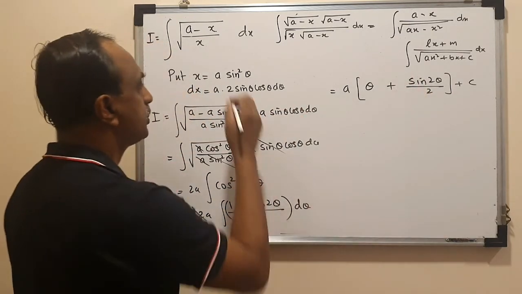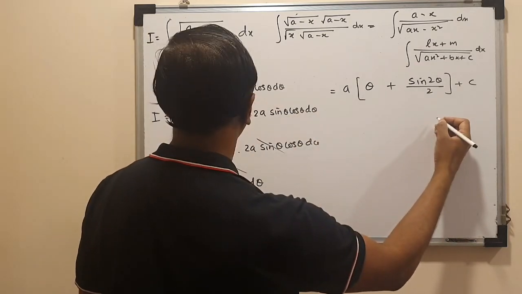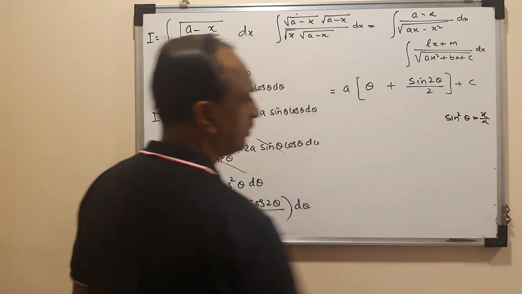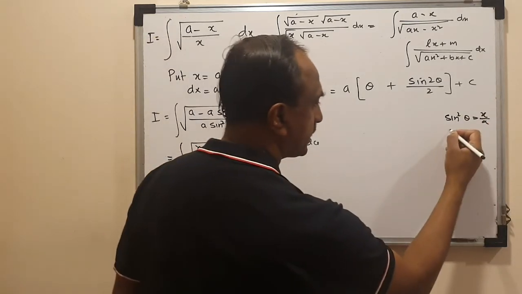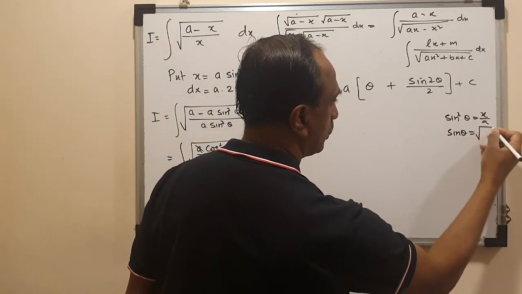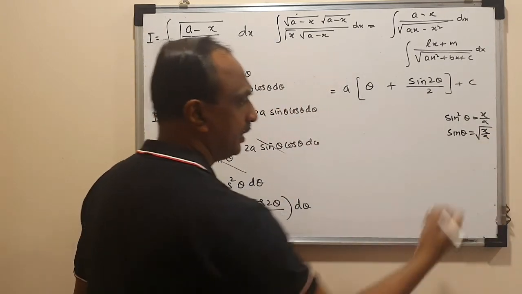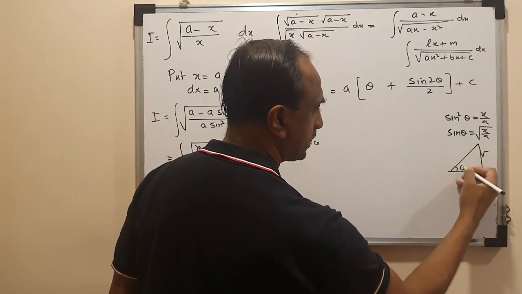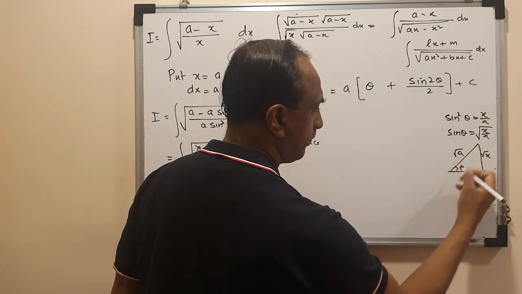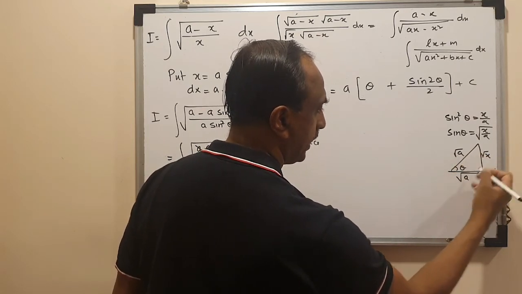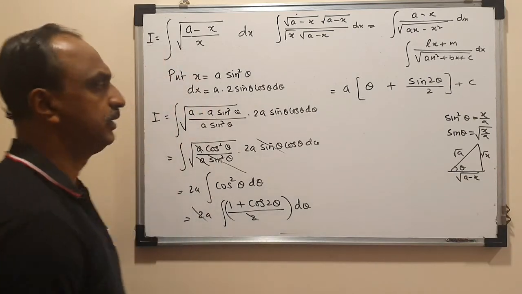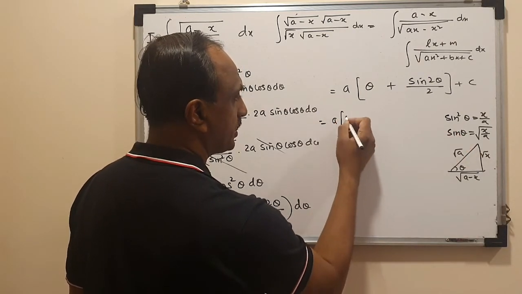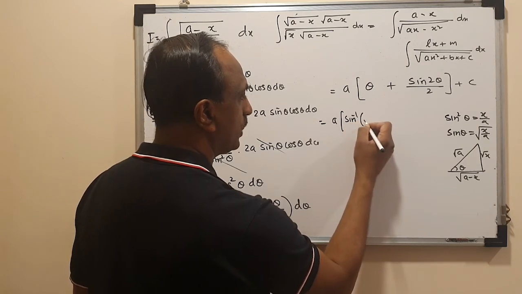So first of all, I have with me sine square theta is x by a. So I can write sine theta is root of x by a. So I can make a triangle. Opposite side, if this is theta, root x, hypotenuse root a, adjacent root of a minus x. And theta is sine inverse root x by a.